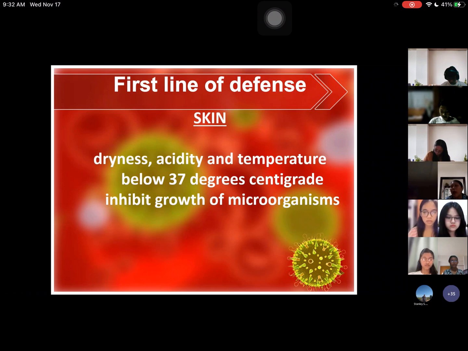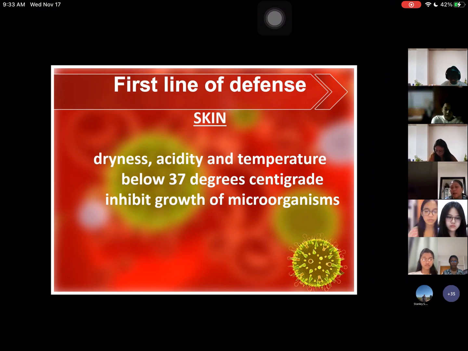So earlier, I already mentioned the acidity of the skin cannot actually be invaded by those anaerobes. And of course, it's dryness, because if you still remember the one that we discussed last time, they need a moist environment to be able to multiply and survive.